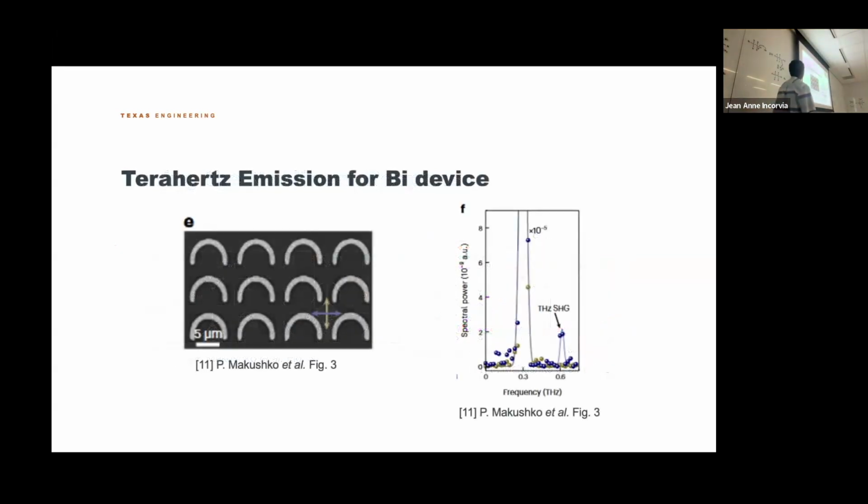So to get terahertz emission, you make a whole array of these small curved devices. For this particular bismuth device, there's a center frequency at 0.3 terahertz, and you can also get second harmonic generation. I think even with this device, you can also get third harmonic generation. So it is good for terahertz emission.